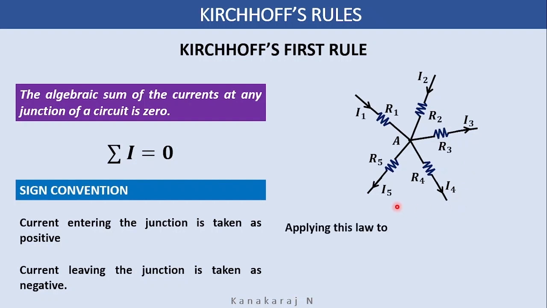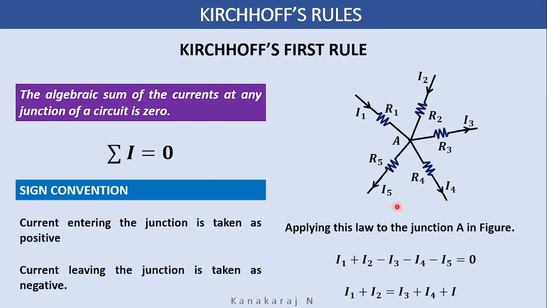So we can write plus I1 plus I2 minus I3 minus I4 minus I5 equals 0. So the conclusion is: total current entering the junction equals total current leaving the junction. I1 plus I2 equals I3 plus I4 plus I5.